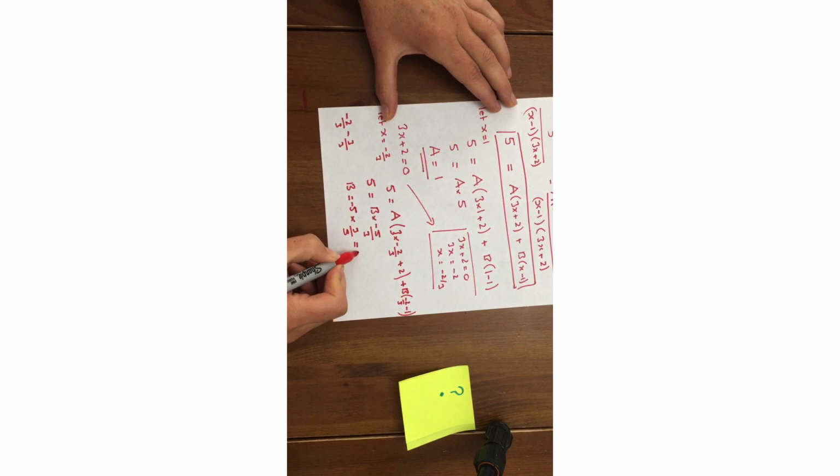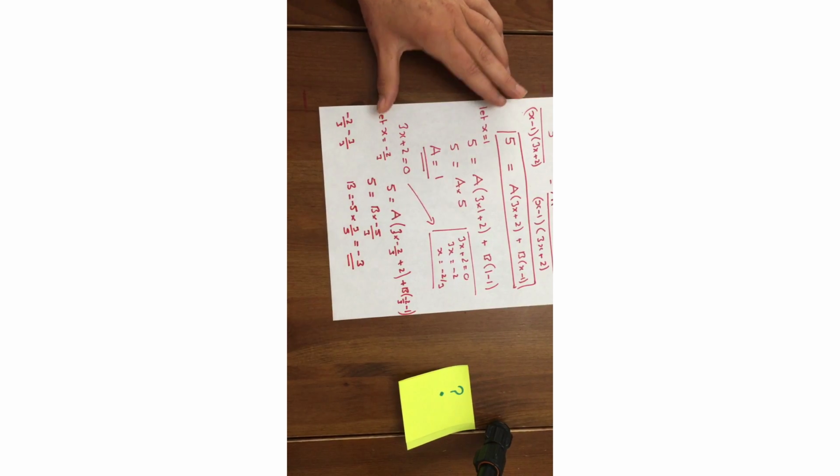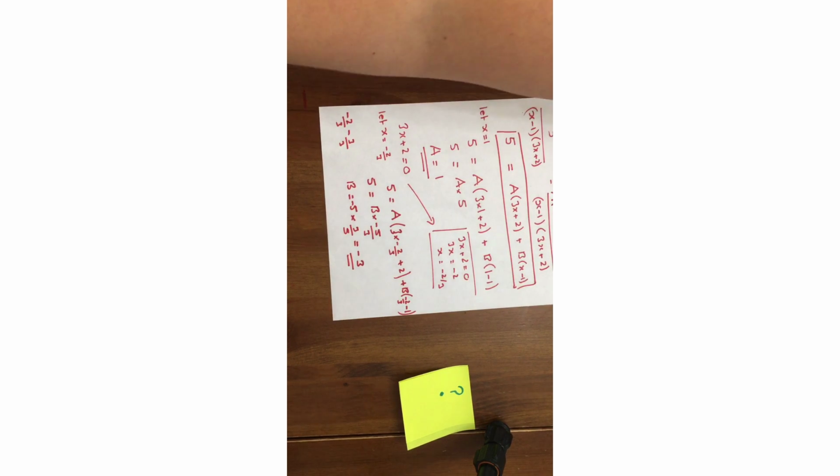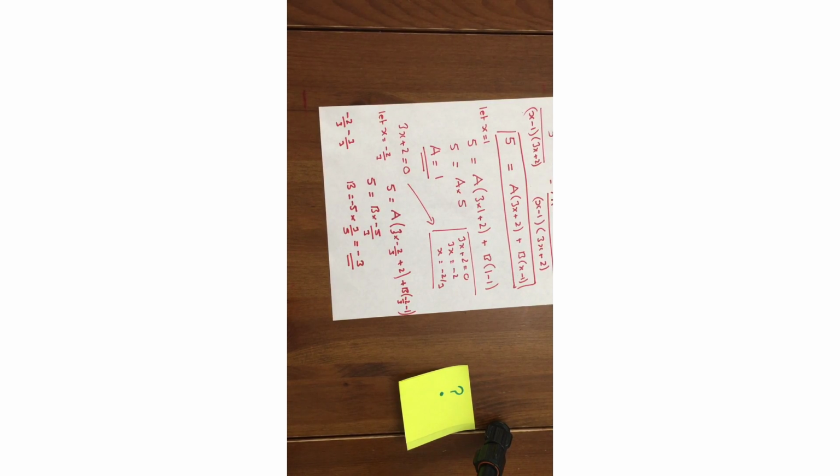So the 5's cancel and we get b to be minus 3. So we have our solutions for a and b now.